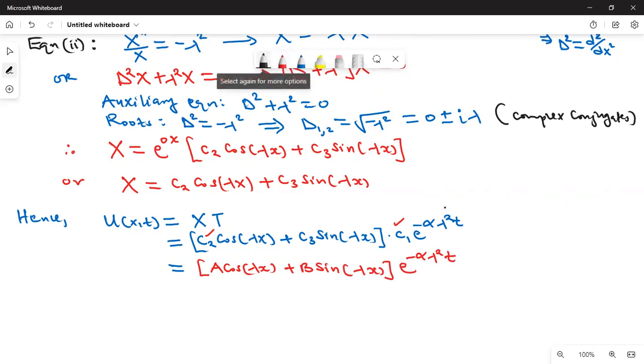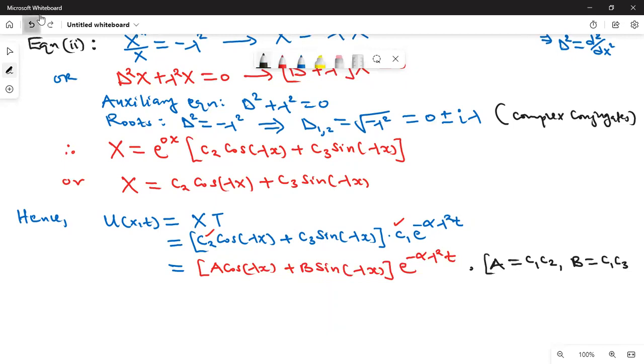What we are calling A is simply C1 times C2, and what I'm calling B is equal to C1 times C3. They are arbitrary constants.